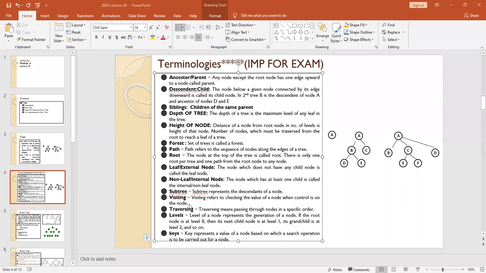Example for visiting. Okay, so you want an example. Now you see, if there is a path from A to D, which are the nodes you are going to visit? That will be the visiting nodes. What is the path from A to D?